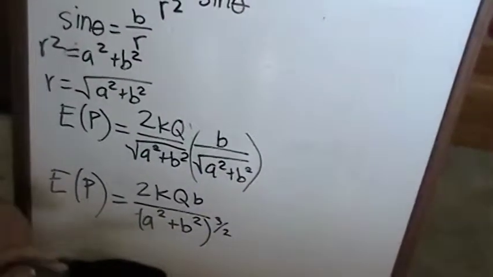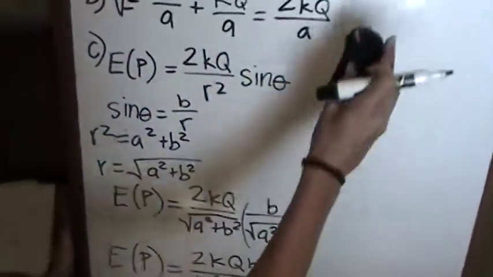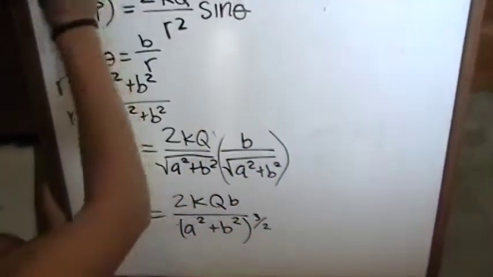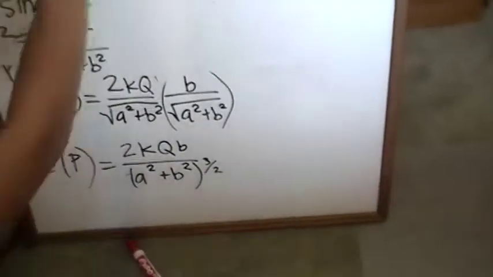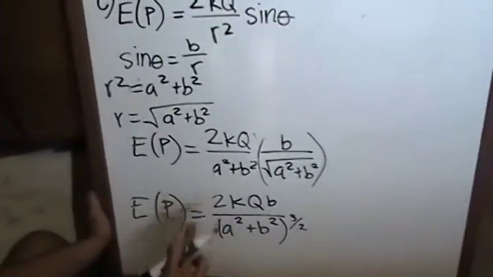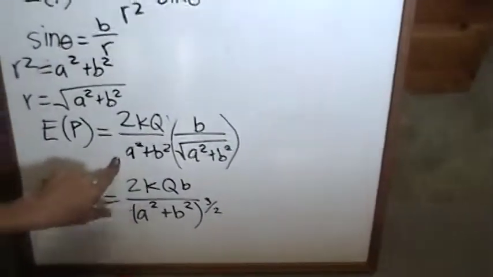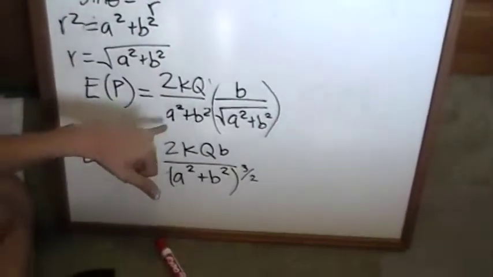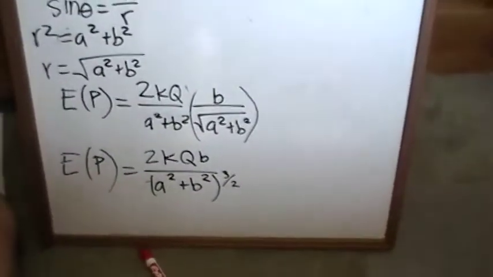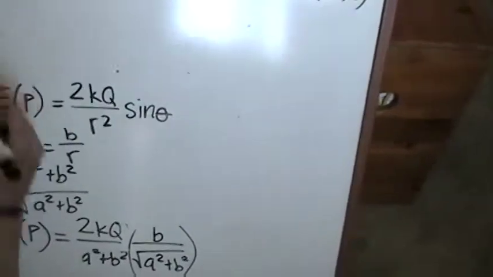Alright, and then we go on to part D. Isn't that not square root, because it's over R squared? Yes, you're right. So that's why it's 3/2. Sorry, that isn't square rooted because it's R squared. So then you just get rid of the square root and it's A squared plus B squared. There we go. Sorry for making that mistake. Next problem.